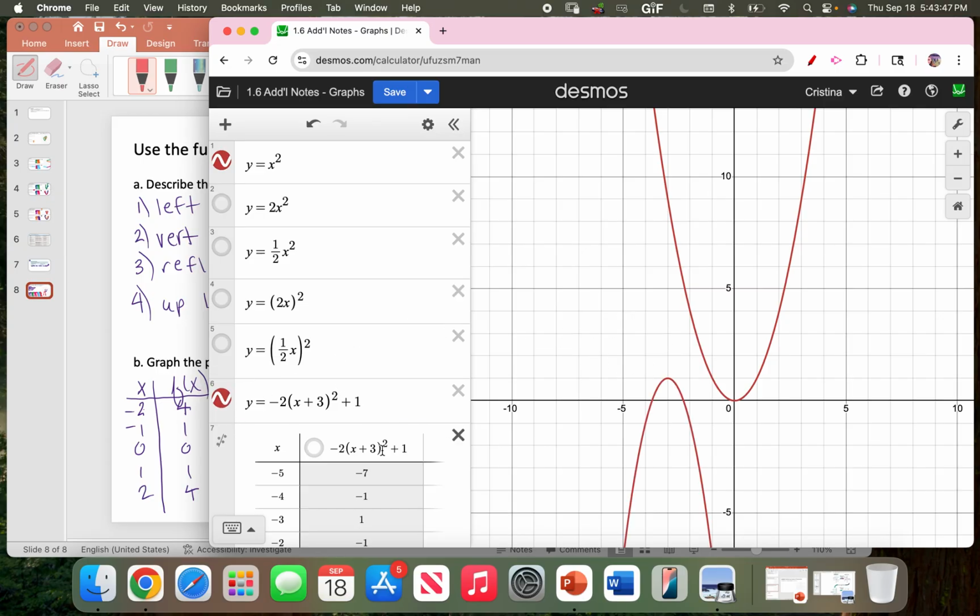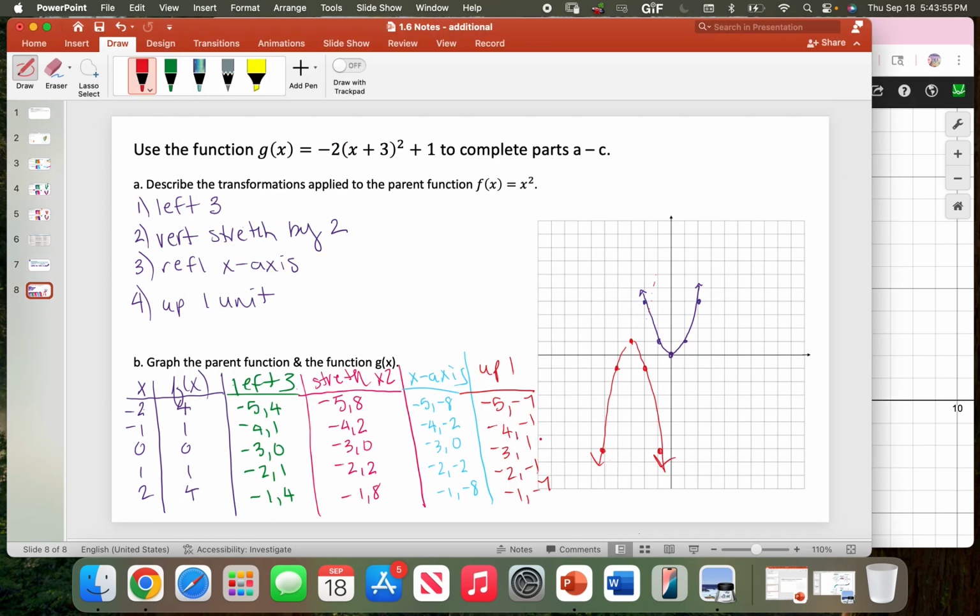But here will be a nicer picture than what I have on there. So you'll see the vertex is at -3, 1, right? That's our vertex here. And then we're symmetric about that point. -5 is at -7, -1 is at -7, -4 and -2 are both at -1.